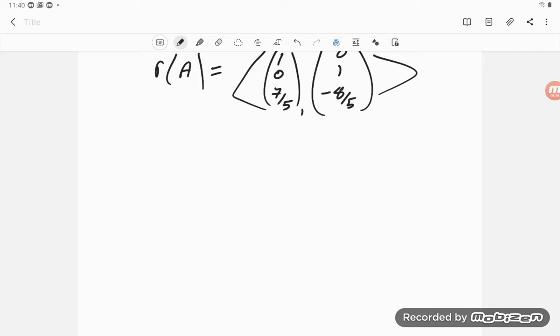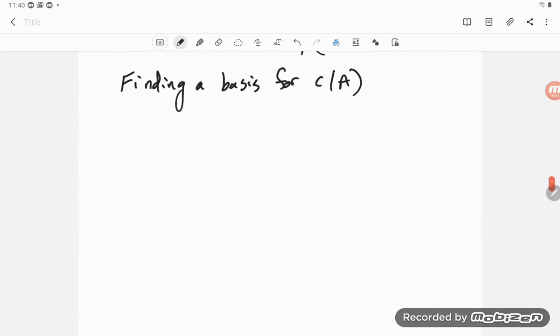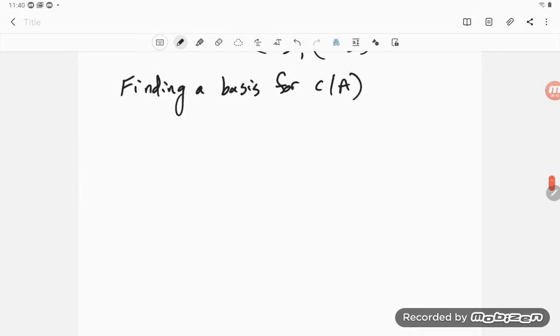Okay, now then, what about finding a basis for the column space of A? Well, it's a similar sort of thing.